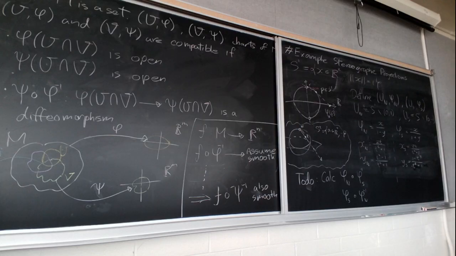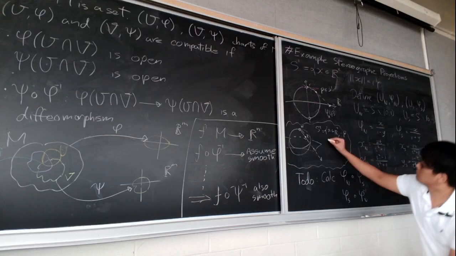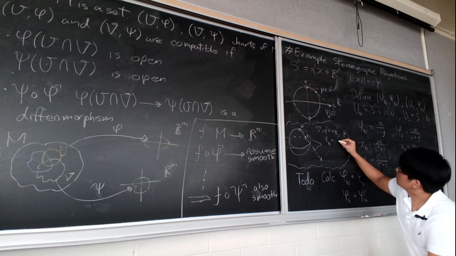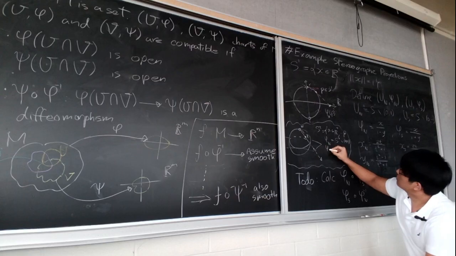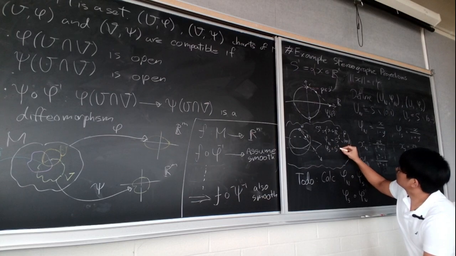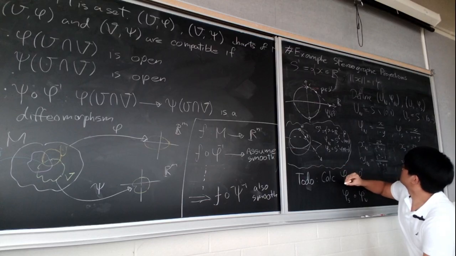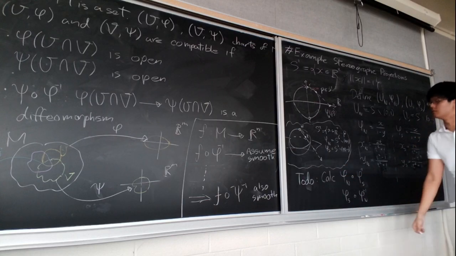You take a point on the sphere, connect it via a line to the North Pole, and see where that intersects the plane. It's not too hard to compute all the inverses and show that it's 1 over t, I think.